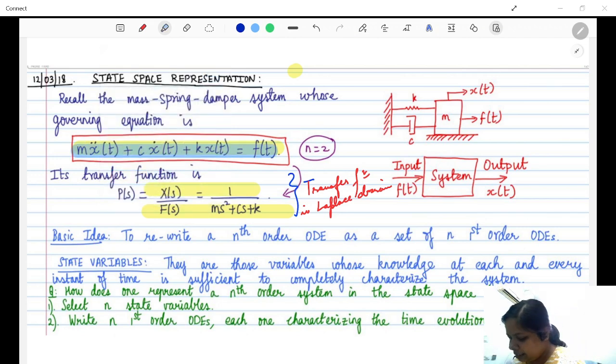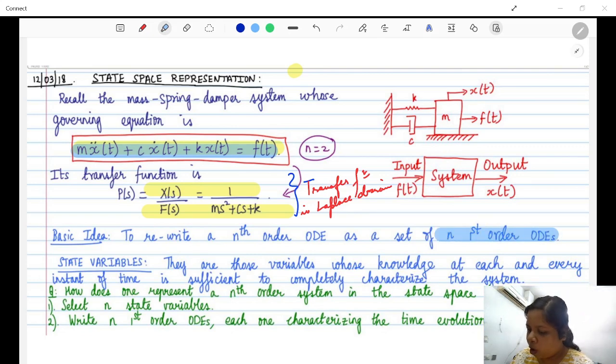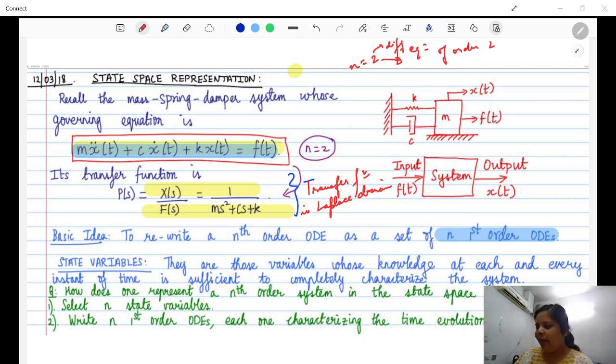If I can write this differential equation as n first order ODEs, so let's say the order of my system is 2, and it is a differential equation of order 2, is there a way in which I can write two first order differential equations so that we have a simplified solution?